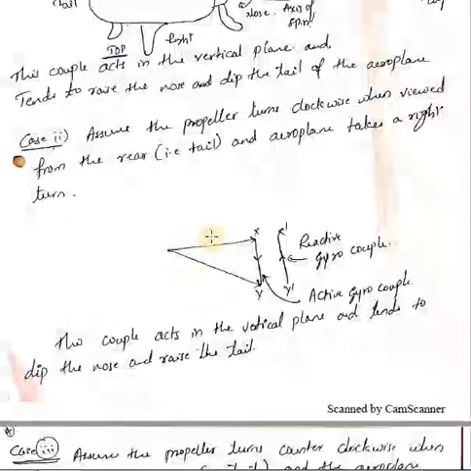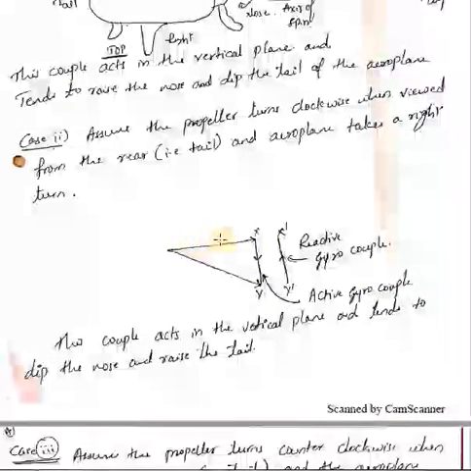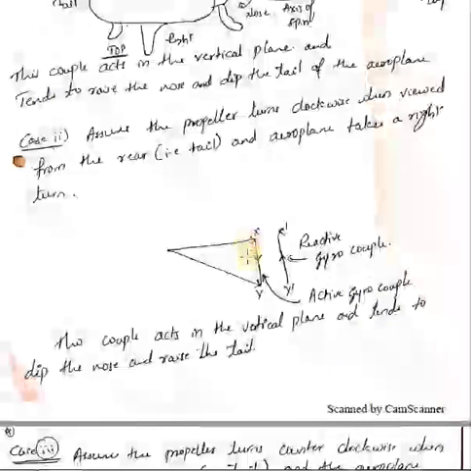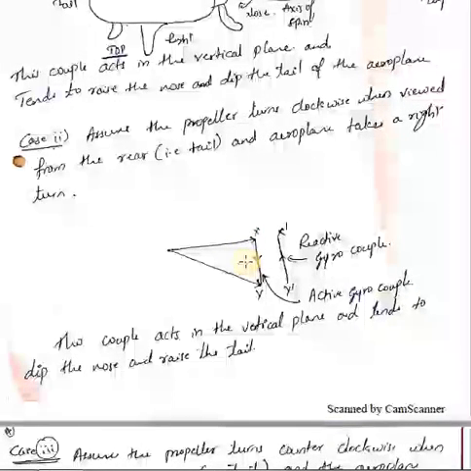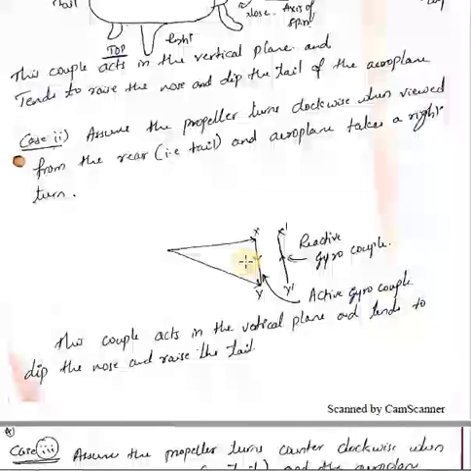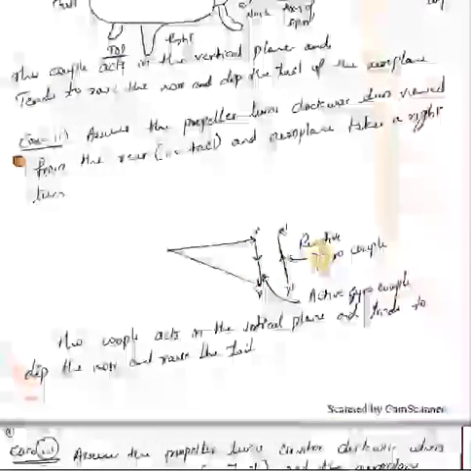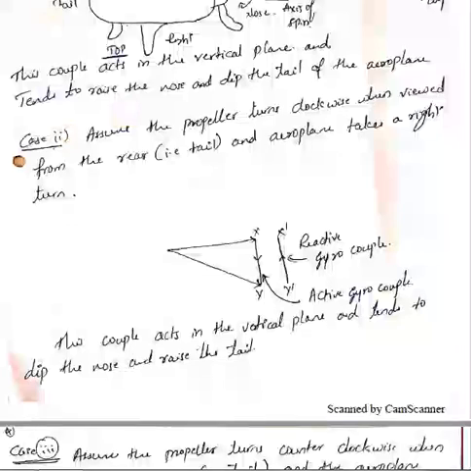OX is the angular momentum vector before turning and its direction is obtained by again the right hand thumb rule. OY is the perpendicular angular momentum after turning and XY is the applied or active gyro couple and this X dash Y dash is the reactive gyro couple.